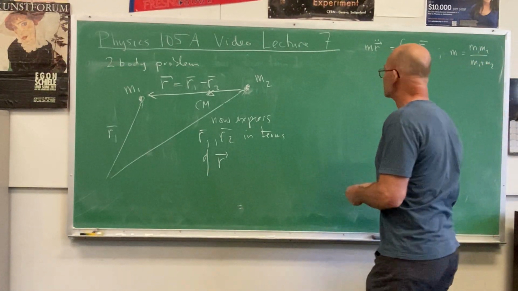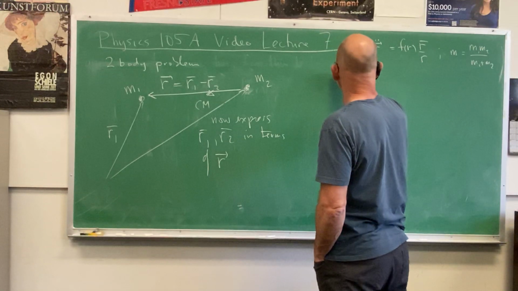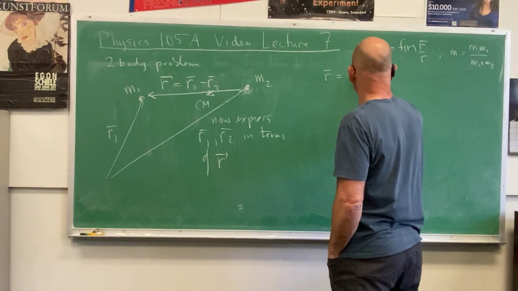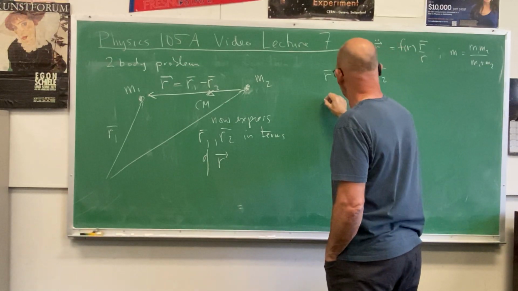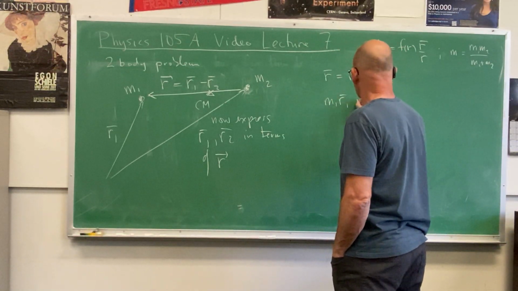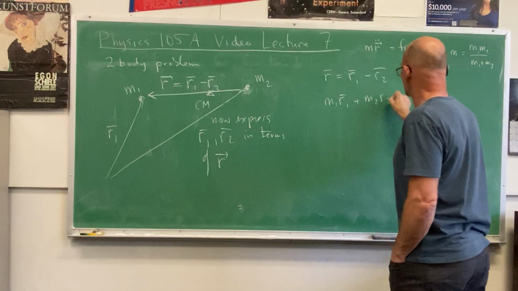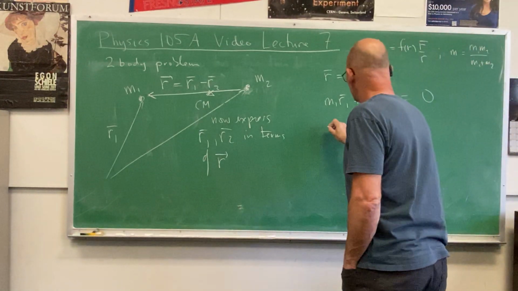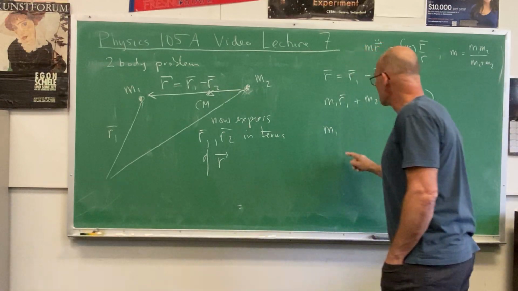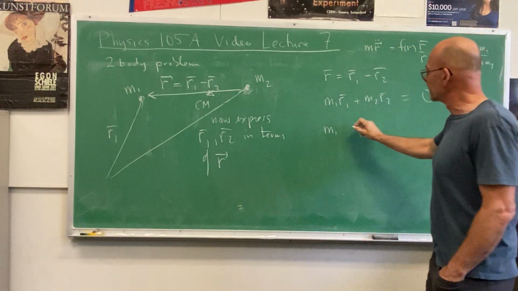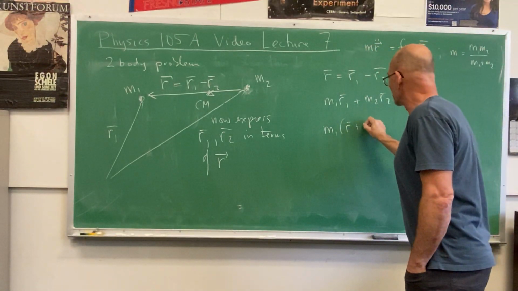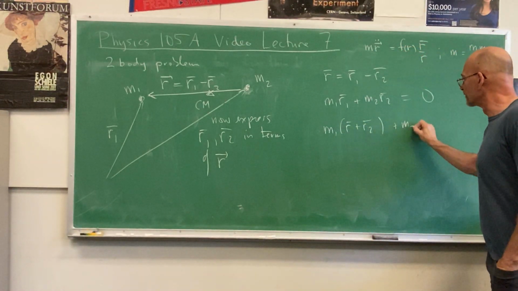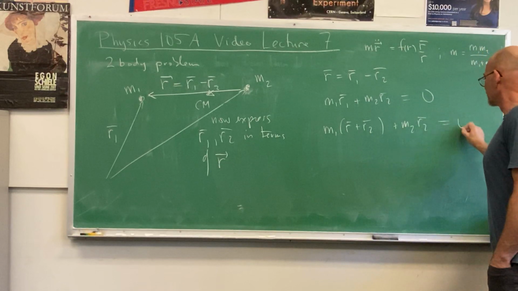So we have, well, I guess I got to write it down after all. M1 R1 plus M2 R2 is equal to 0. So I can say M1, and I'll plug in the R1 from up here, R plus R2, plus M2 R2 is equal to 0.